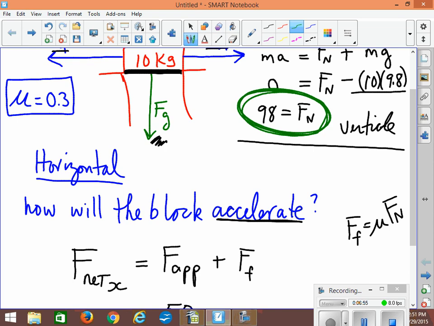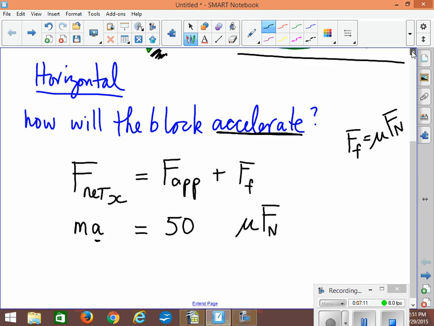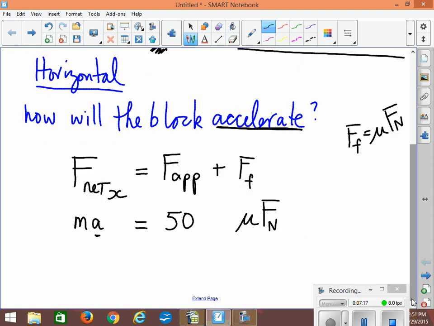Now suddenly that normal force is going to be useful, because to get a number for the force of friction, I need to multiply mu times the normal force. Then I have to tell the math which way this force is going. And it appears to me that the picture shows it going to the left. So I can introduce a negative sign here.